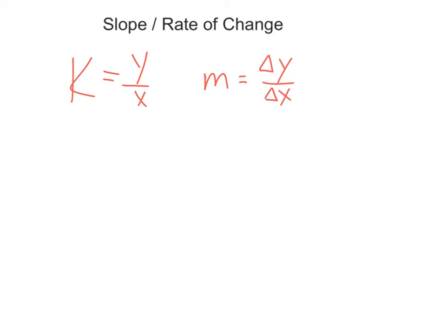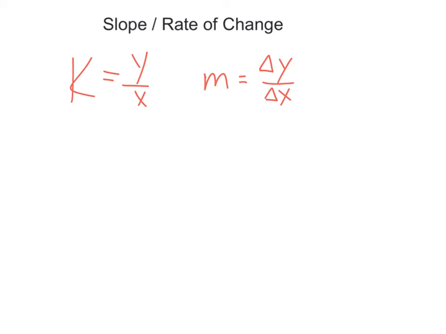Remember, slope and rate of change. We're talking about how the relationship is changing, right? So, I want to know about the change in y over the change in x. How much did the y change versus how much did the x change? Now, what kind of motion does y talk about in a graph? When we're talking about the y versus the x.